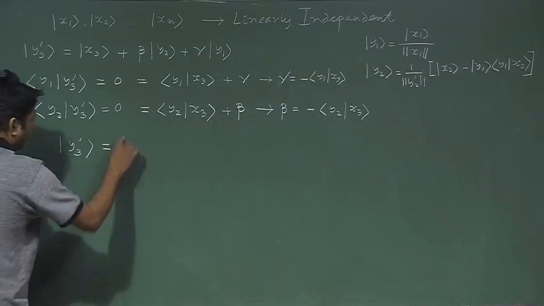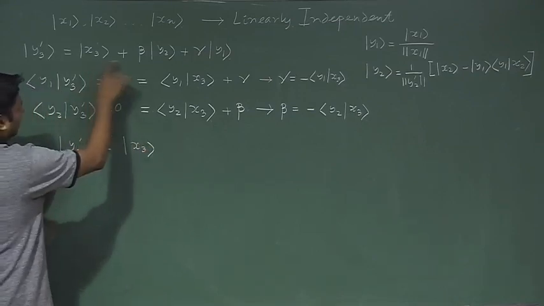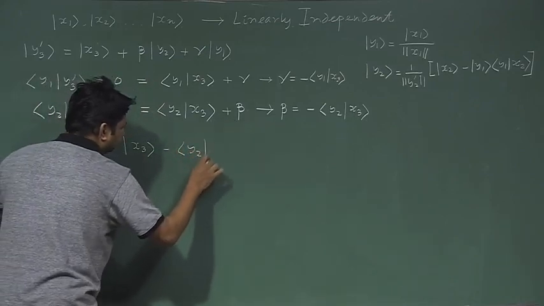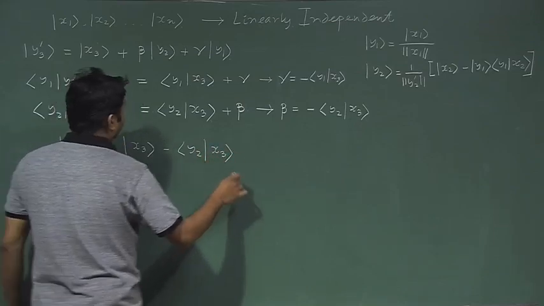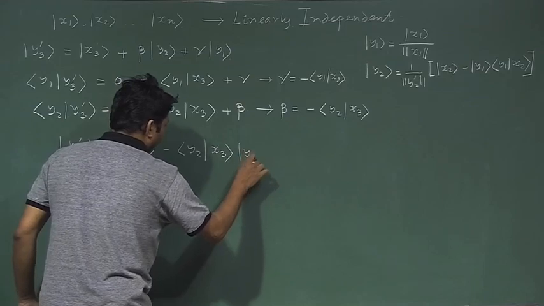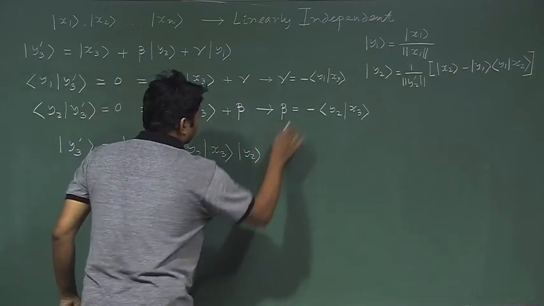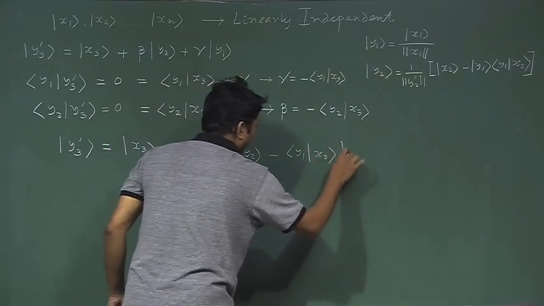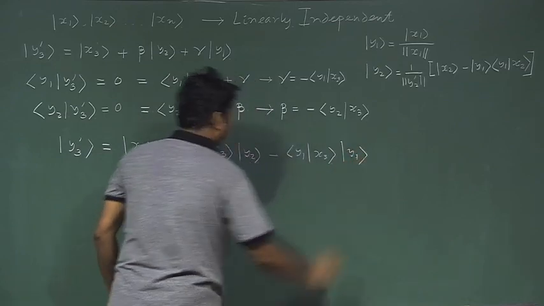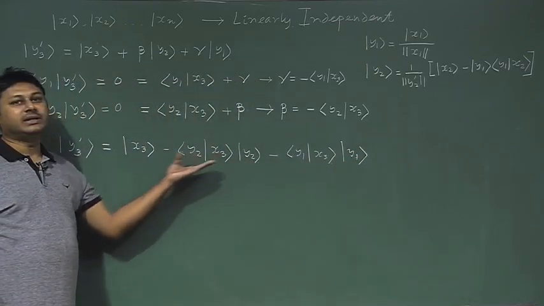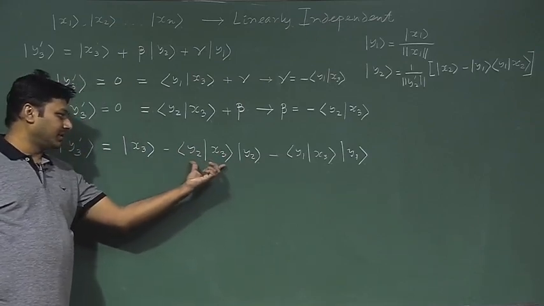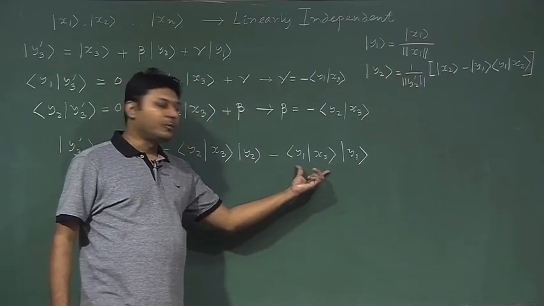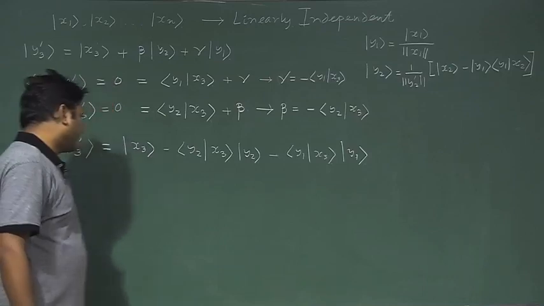First, y3 prime is x3, then beta, which I figured out as that, and gamma is this, which I also calculated. So, on the right hand side everything is known. This is a vector, this is a scalar, this is the inner product, so it will give a scalar quantity. A vector multiplied by a scalar quantity is no problem. Overall they give an entire vector which is perpendicular.